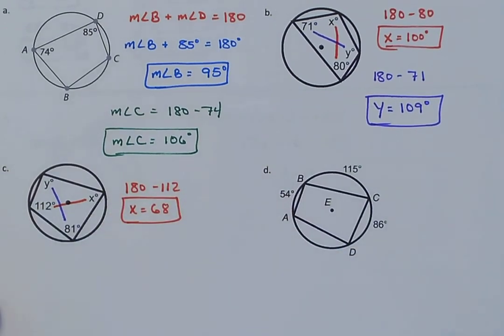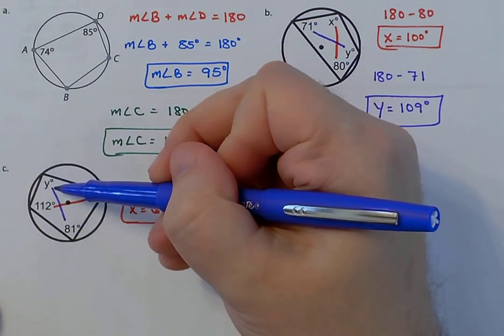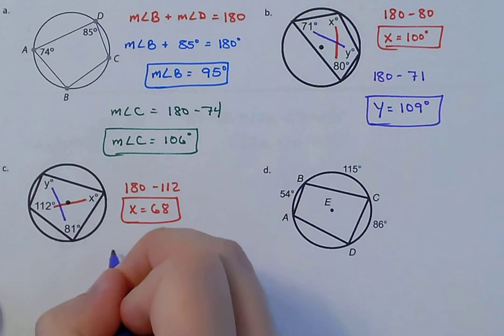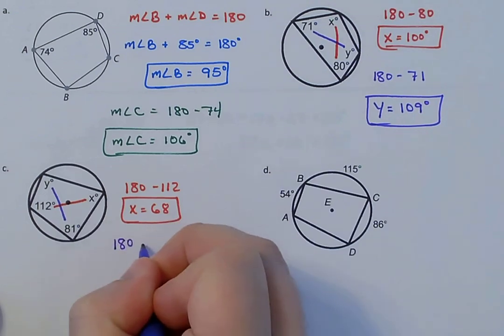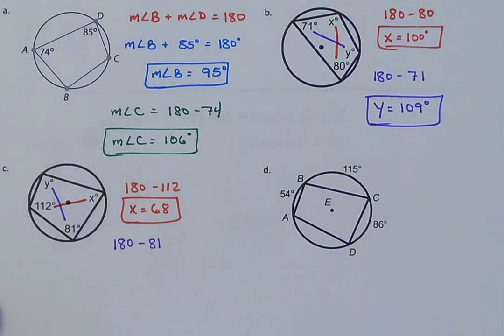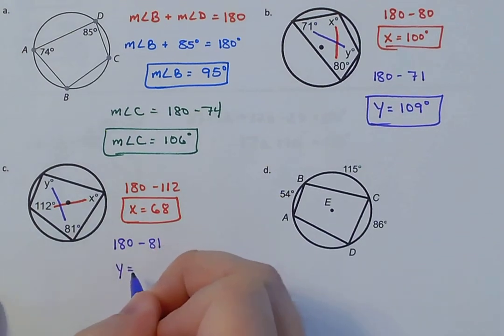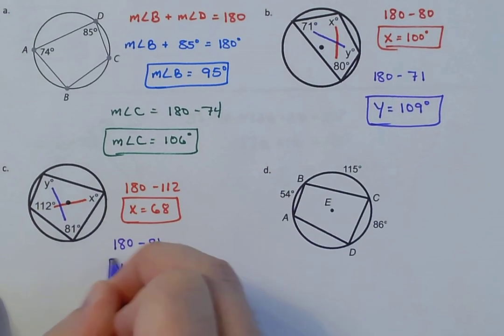Same thing for y. The angle opposite is 81, so we take 180 minus 81, and that tells us that y equals 99 degrees.